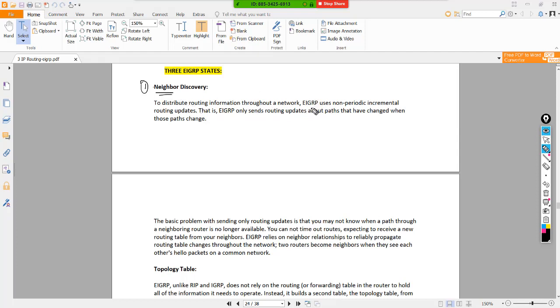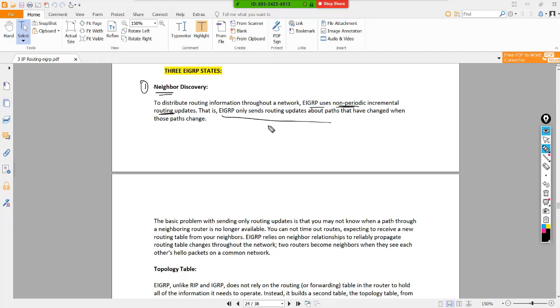EIGRP will use non-periodical incremental routing updates. There is no periodical update happening on a 15 minute or 30 minute basis. It's only when your network topology has changed that the incremental update will happen. EIGRP will only send routing updates about the paths that have changed, when those paths change.